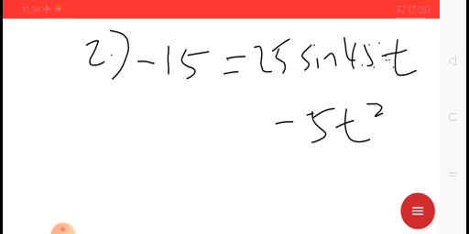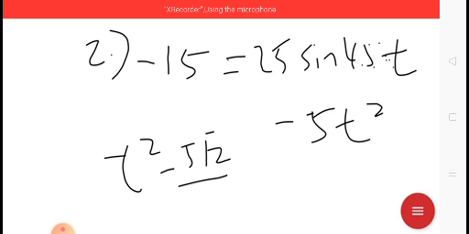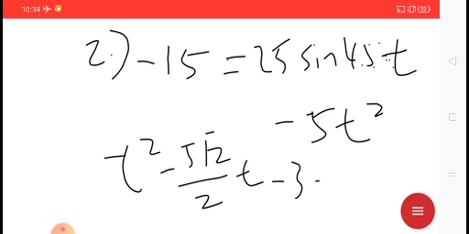When you rearrange this equation, you will get a quadratic equation similar to t squared minus 5 square root 2 t minus 10 equals 0. You may or may not simplify the sin 45, depending on you.